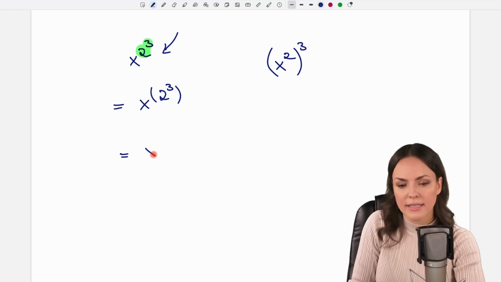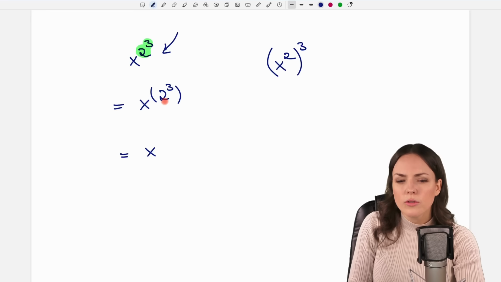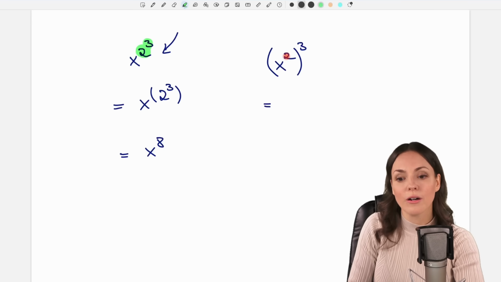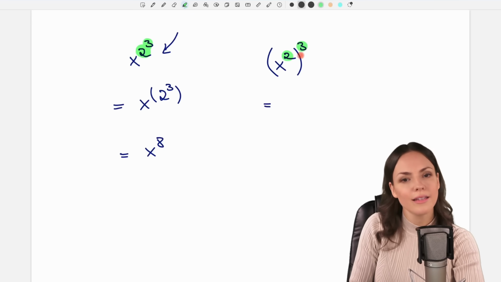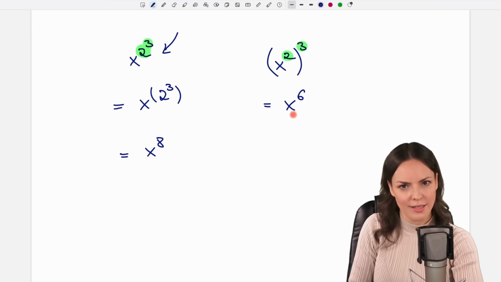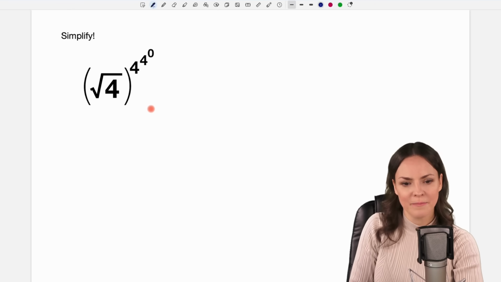So we leave the x as it is, and then 2 to the power of 3 equals 2 times 2 times 2, so equals 8. And x to the power of 8 is not the same as this result here, where we are allowed to just multiply the exponents. So we leave our x as it is, and 2 times 3 equals 6. So not the same, but now that we know that, how can we solve it then?